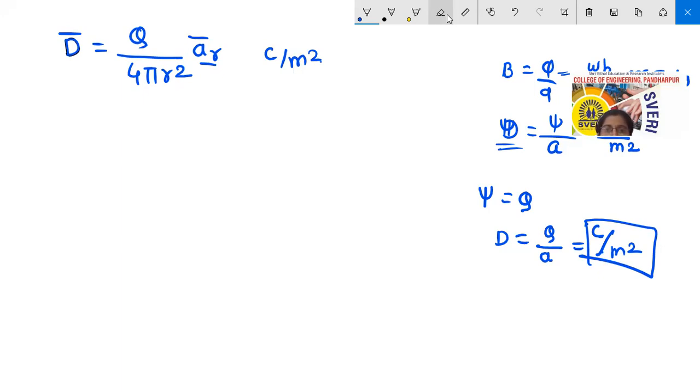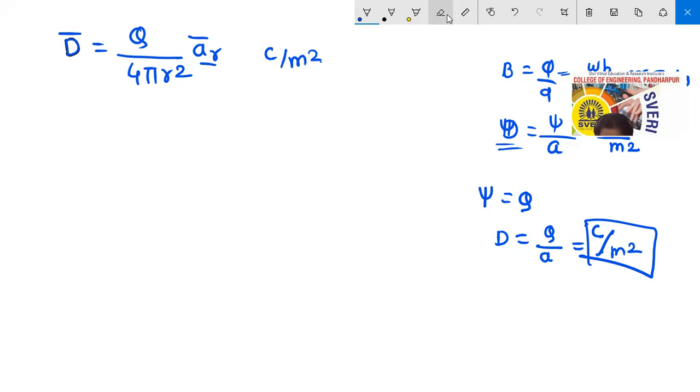Now, after that, we have seen the Gauss law. So, what is the statement of Gauss law? First, the simple statement: whatever be the flux crossing that closed surface is equal to the charge enclosed by that surface. Correct.